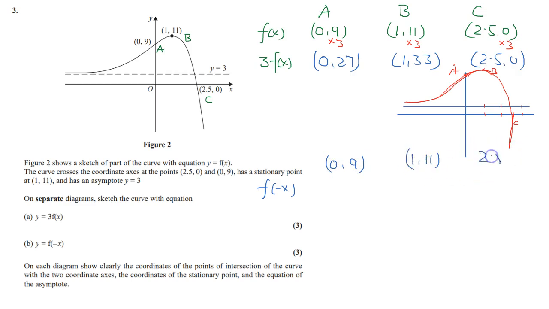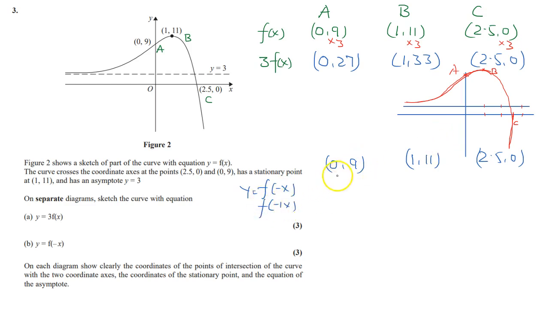And C is 2.5 and 0. When it's outside, it's directly influencing y. The influence is on y. Now this one is on x, and minus x means we can write it as minus 1 times x.